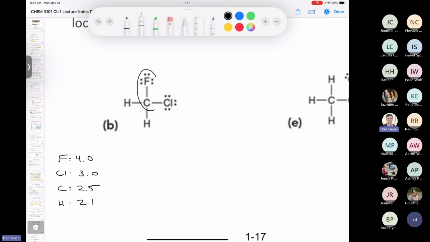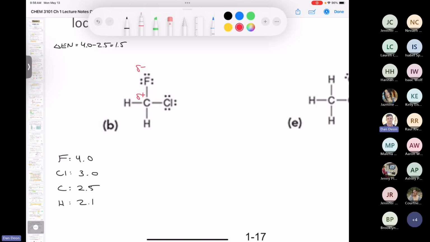So she's saying, if I think about this bond between the carbon and the fluorine, the delta EN is going to be 4.0 minus 2.5, which is 1.5. So she knows that that's a polar bond. And that's why Jennifer would say, well, I'm going to put a delta negative here and a delta positive on my carbon like that.